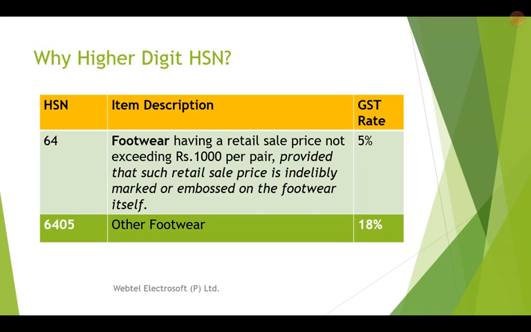And when we go further, if the number of digits of HSN is 4, that is 6405, which is for other footwear, the rate of tax is 18%. So if, even in the case of the second HSN, which is 6405, we put just 64 instead of 6405, then the rate will be 5%. So people are able to charge a lower rate and sell an item which is an 18% item. So that is a problem.